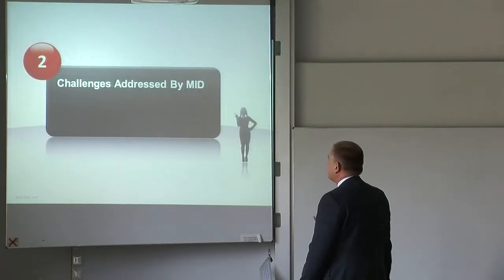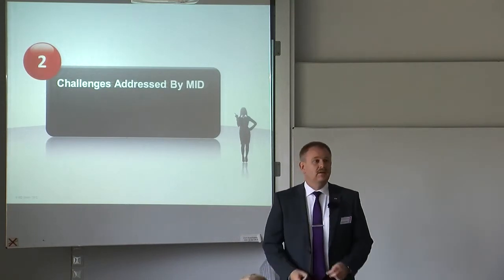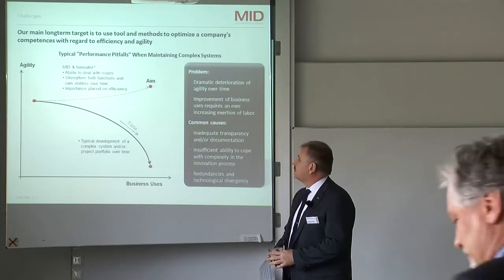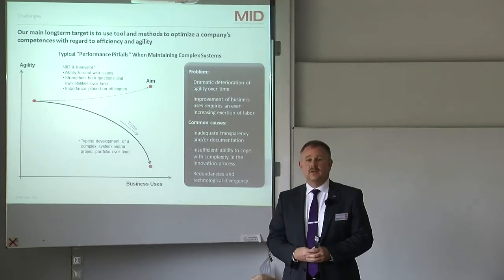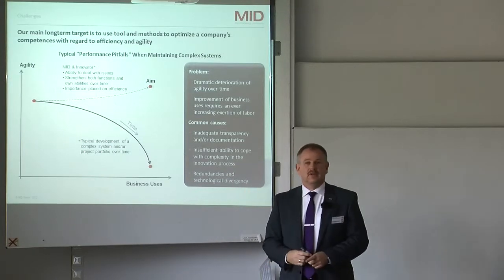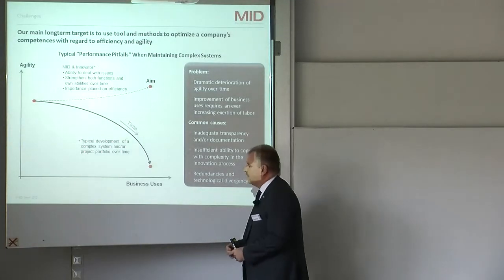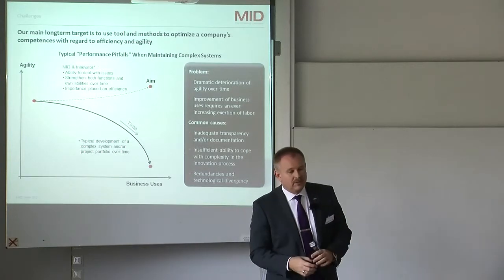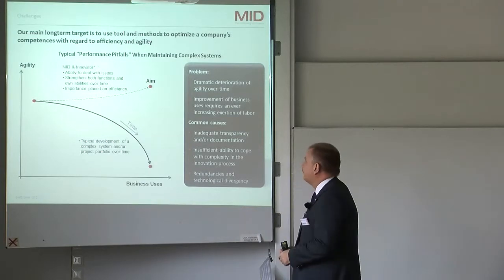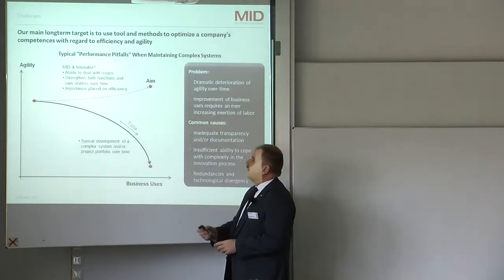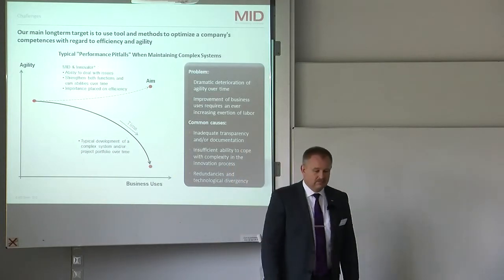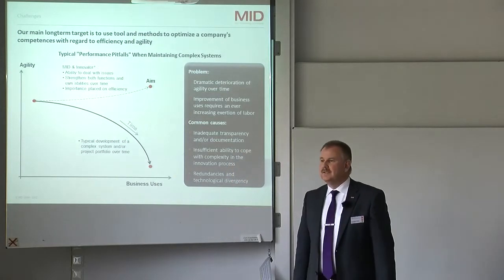Okay, some challenges addressed by our products and our consultancies. The major challenge is to keep up the agility of a company. Normally, if you start with a new startup company, you are very agile. With a small number of employees, you can reach a special kind of business usage very fast. You're very quick.